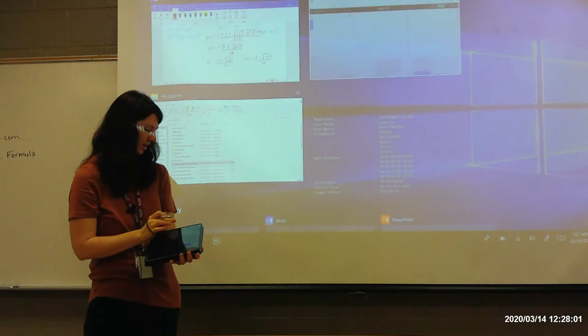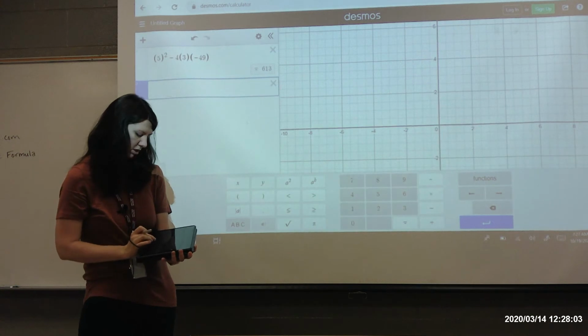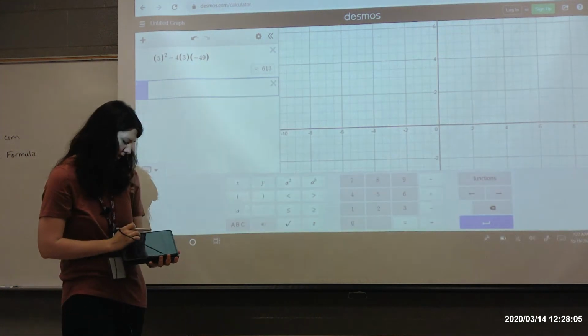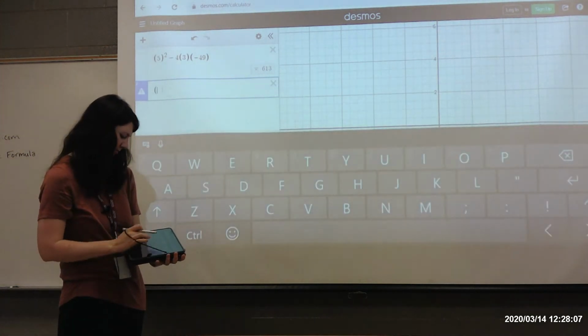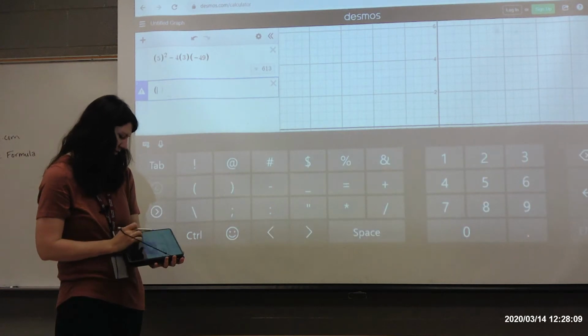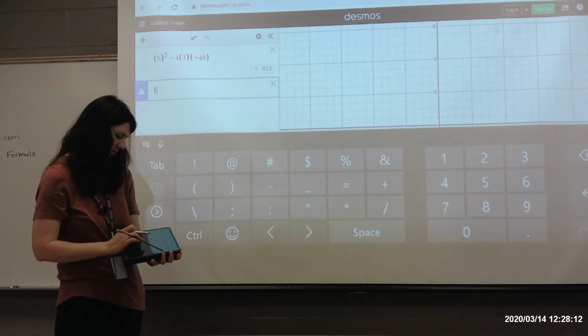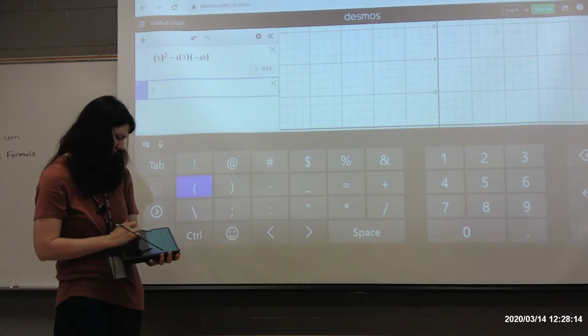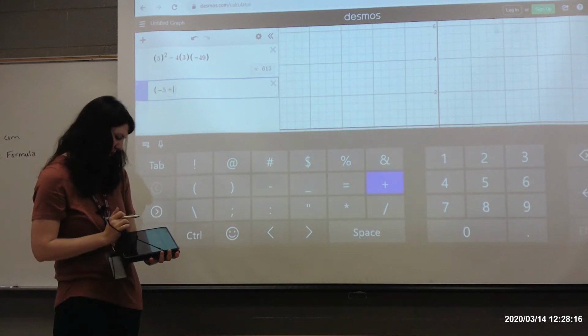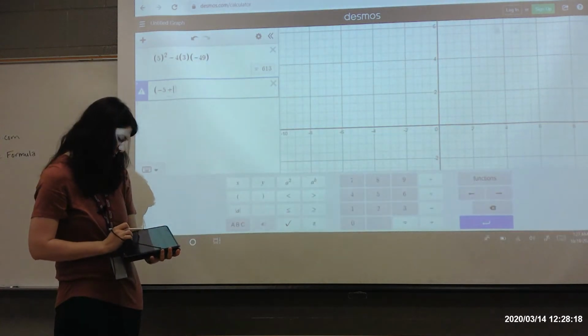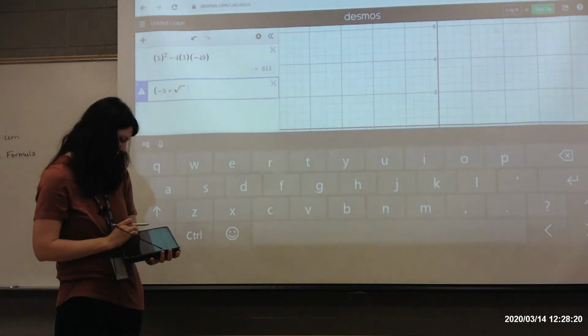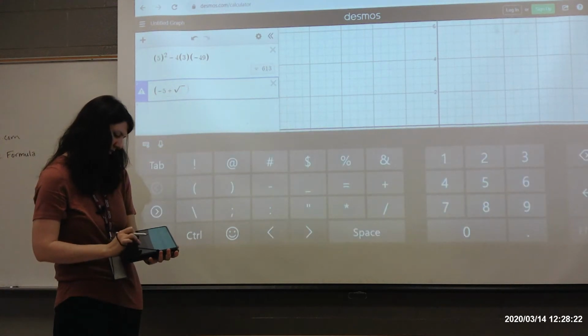So negative 5 plus the square root of 613. The nice thing about Desmos is you can actually type all this in at the same time as long as you use parentheses. So negative 5 plus the square root of 613.